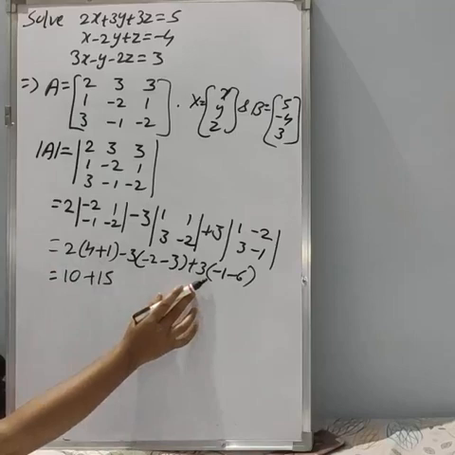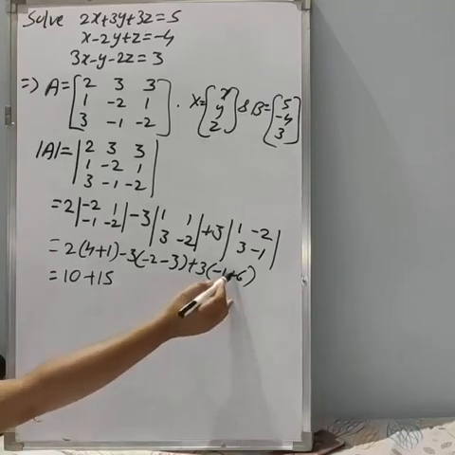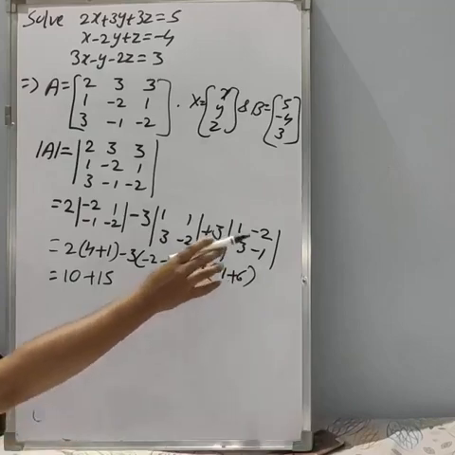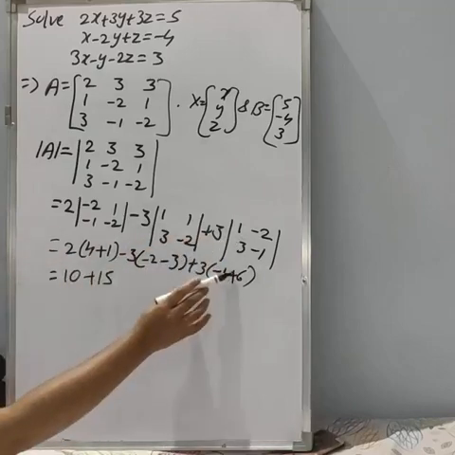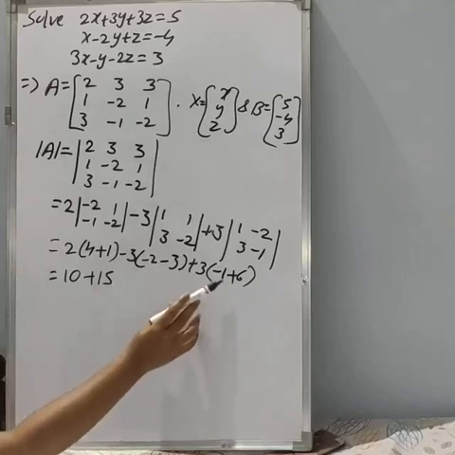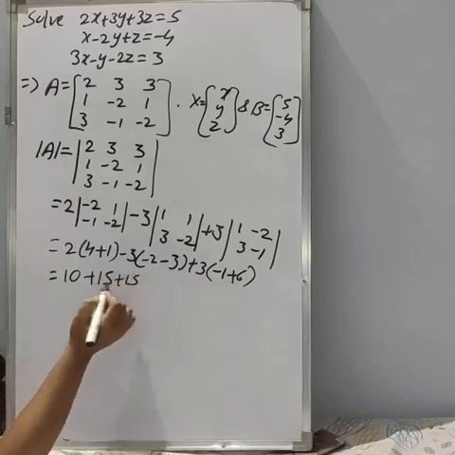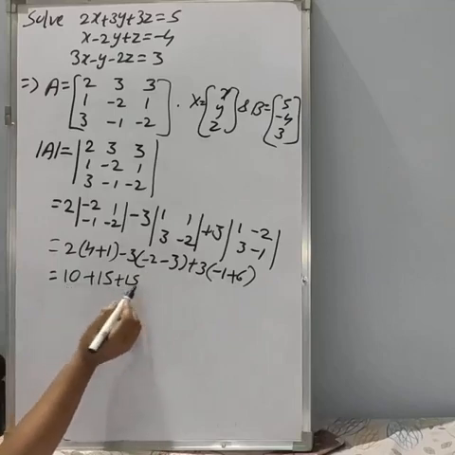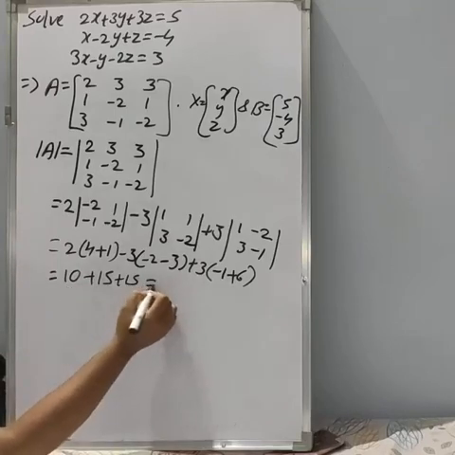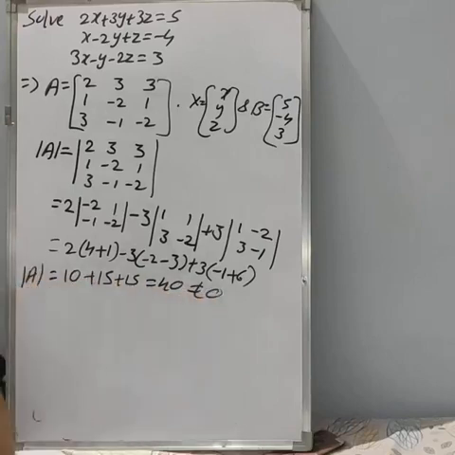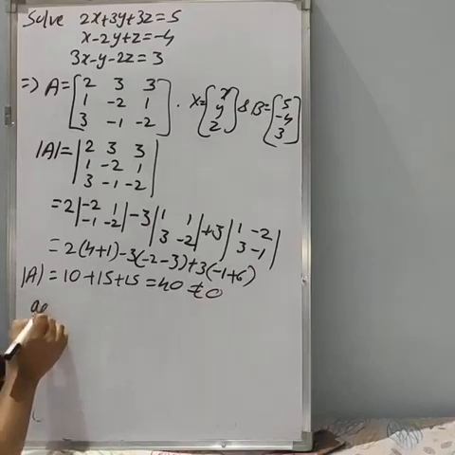Next, minus 1, this is plus 6, because 1 into minus 1 is minus 1, and minus 3 into minus 2 is minus 6, but minus into that minus becomes plus. So minus 1 plus 6 is 5. 5 into 3 is 15. If you calculate this, 15 plus 15 is 30, 30 plus 10 is 40. So the value of this determinant A is equal to 40. Okay. Now to find the inverse, we want the adjoint of it.